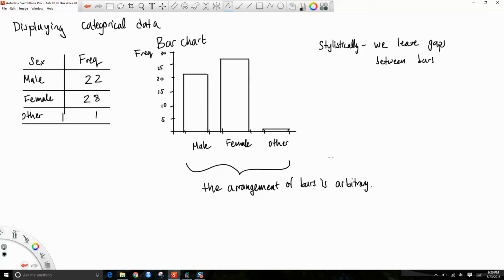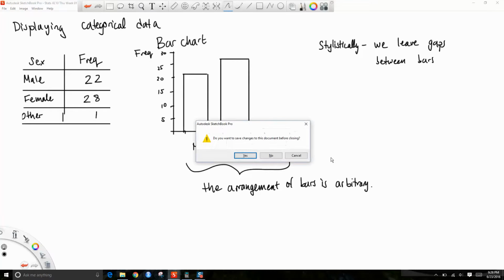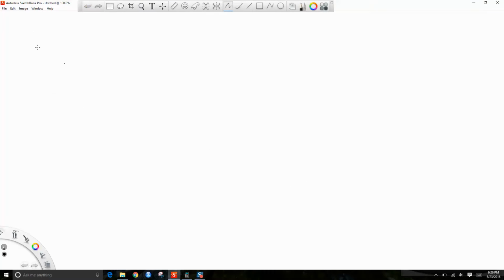We can talk about variation in a bar chart, okay? And so let's say we looked at, I don't know, flower colors, okay?